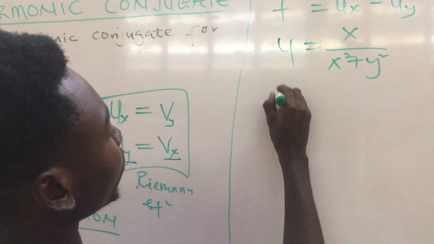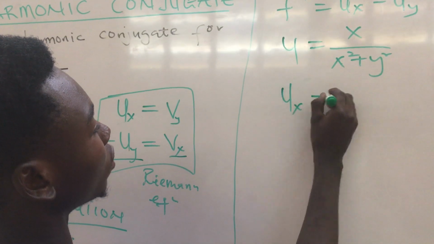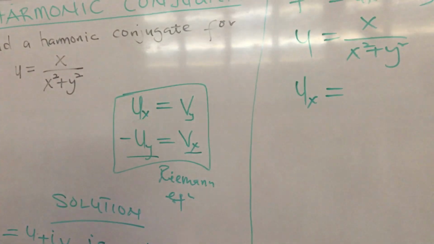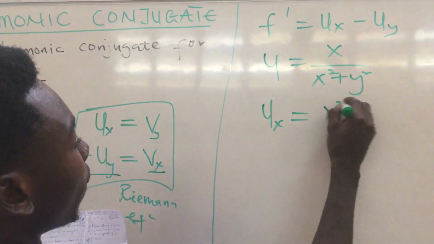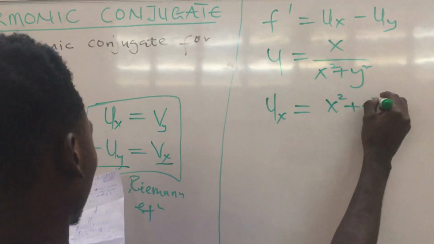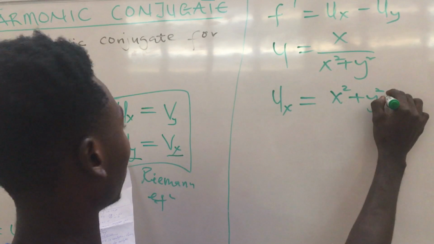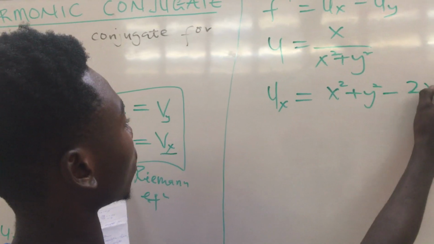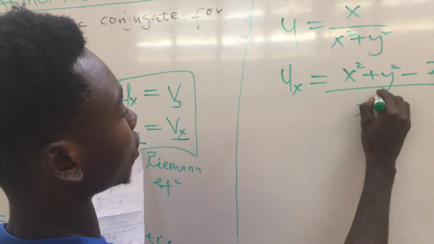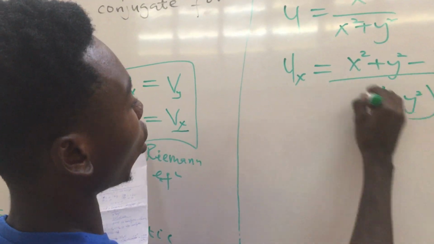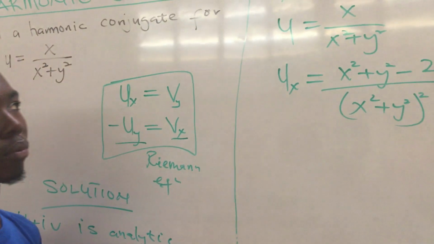So when you take u with respect to x, we are getting x squared plus y squared minus 2x squared, all over x squared plus y squared, all squared. Are you okay?